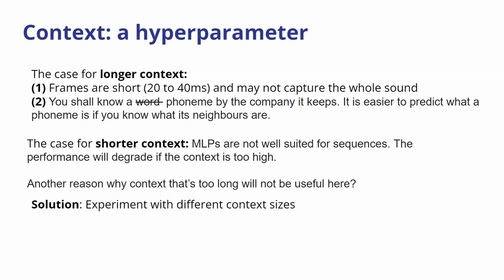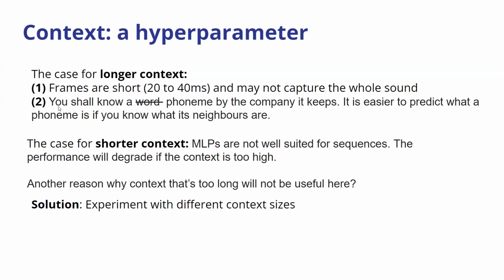A frame, as I mentioned, is something quite short, like 20 to 40 milliseconds. Most human sounds, at least at normal human rate of speaking, you probably won't say a full sound within 20 milliseconds. So you want to capture a full sound. So you need longer context in this case to get the MFCCs that correspond to a full sound at the very least.